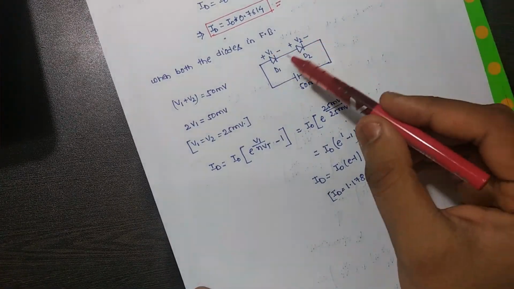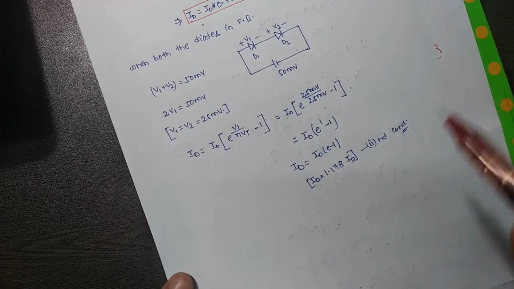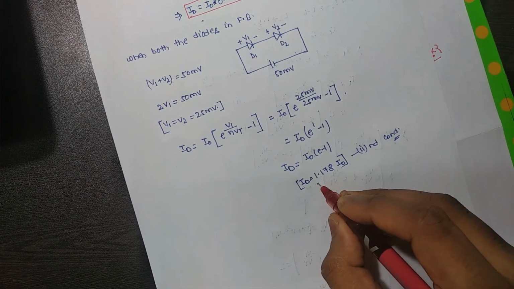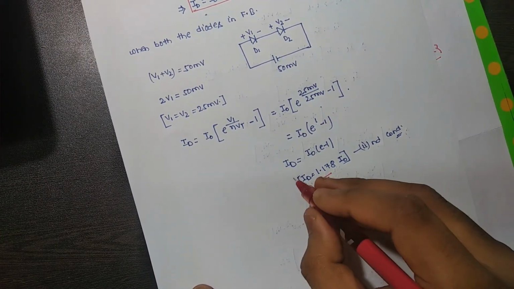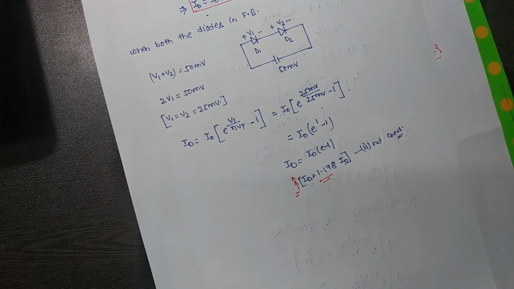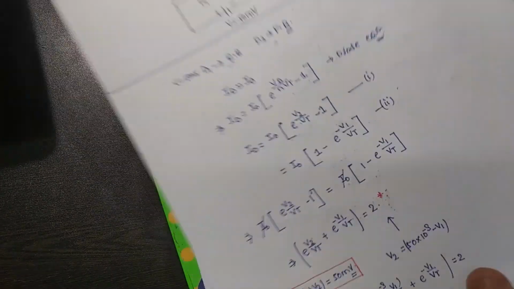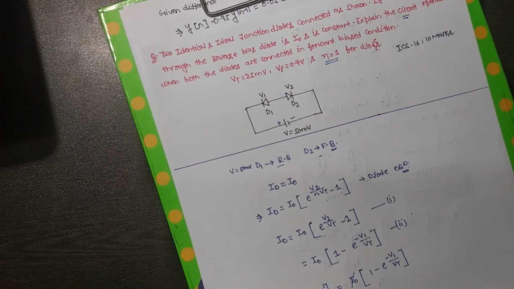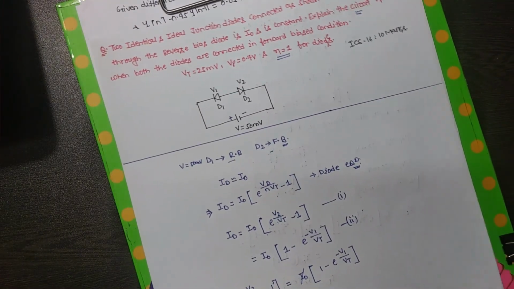When both the diodes are conducting, that is in forward bias, you get ID as 1.178 of I naught. That is, the ID value is gradually increasing. So you can justify these conditions. As the question is of 10 marks, you need to explain this much only. I think this much will be more than sufficient.